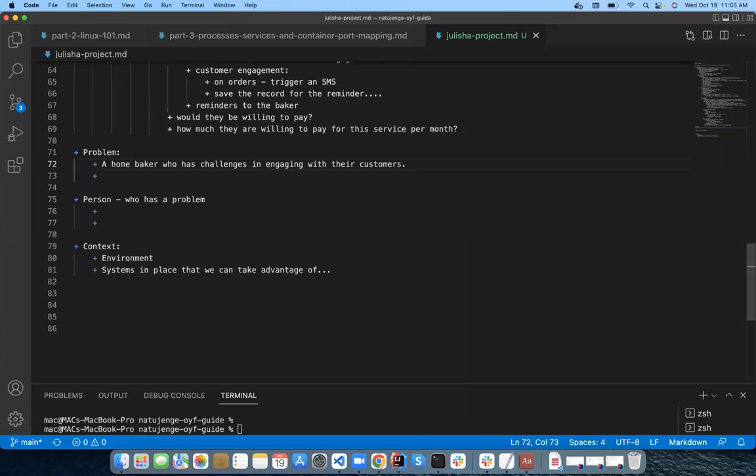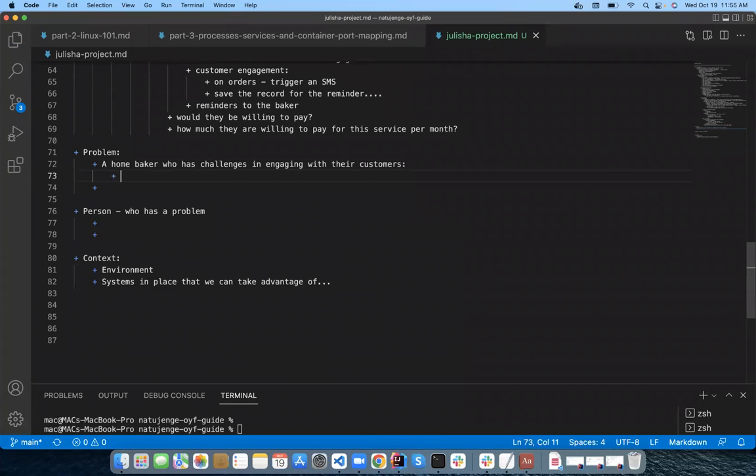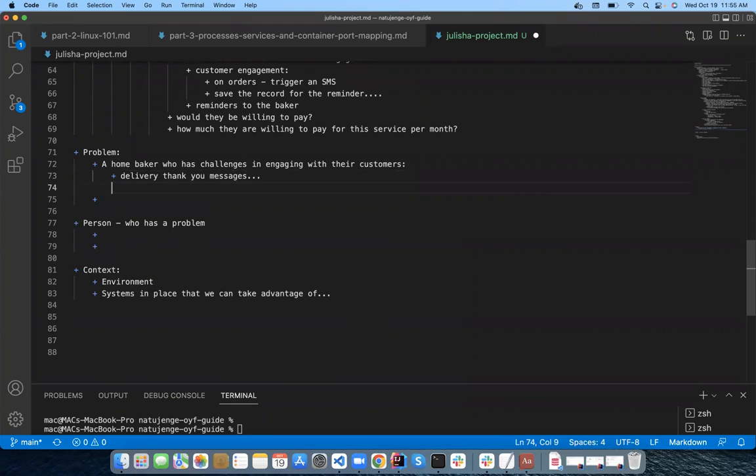So they send a text later, but we want to make the process automated so that when you deliver, engaging delivery, thank you messages. What are the messages? Maybe order messages telling them we have received your order and we are happy to serve you.